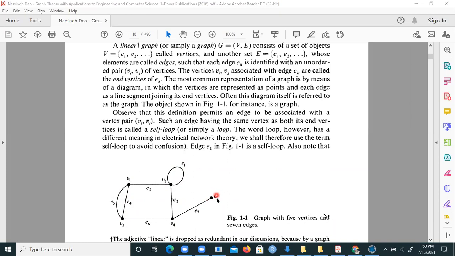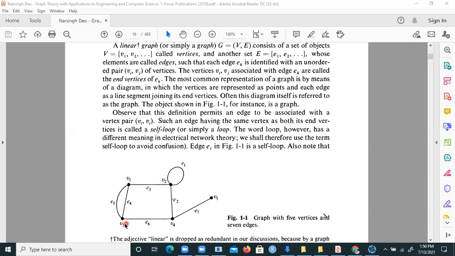Also, a vertex which is the end point of only one edge is called a pendant vertex. V1 is not a pendant vertex because V1 is the end vertex of three different edges. If I consider the edge E3, the edge E4, and the edge E5, in all these cases, V1 is the end vertex.